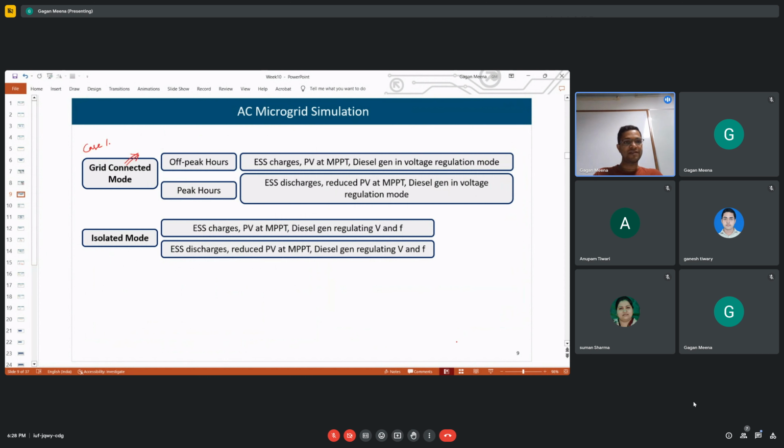In the transient state the voltage is less than 0.9 per unit. If now the voltage becomes more than 0.9 and the Q requirement is 40%, then it goes to dynamic. And if the Q requirement is less than 40%, then it goes to steady state.